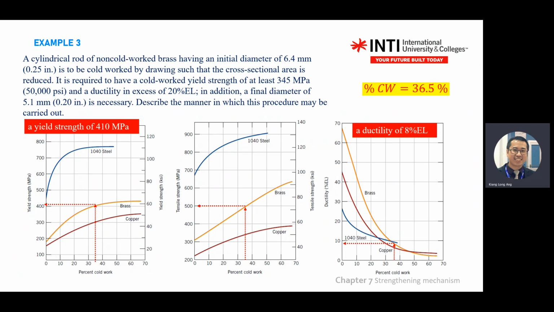This is a very industrial problem. This is your raw material, 6.4, and this is the end product, diameter 5.1, that you want to send to your customer.